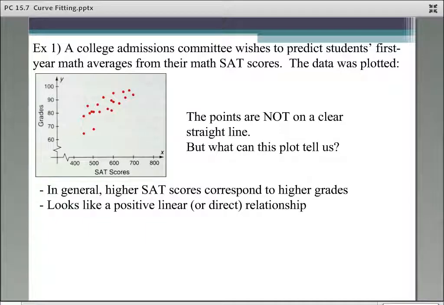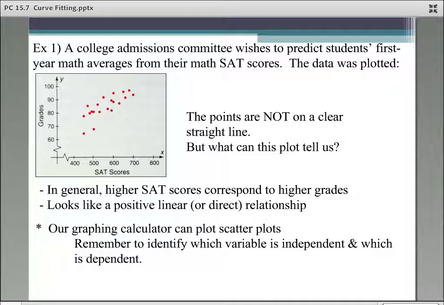And the other thing we can conclude is that this definitely looks like a positive linear. I know it's not a straight line, but you can kind of see that it doesn't look curvy or anything. Or it's a direct relationship. So it's positive, meaning as SAT scores go up, so do grades. So if you remember, direct variation.